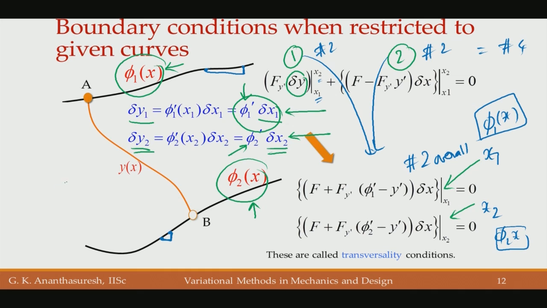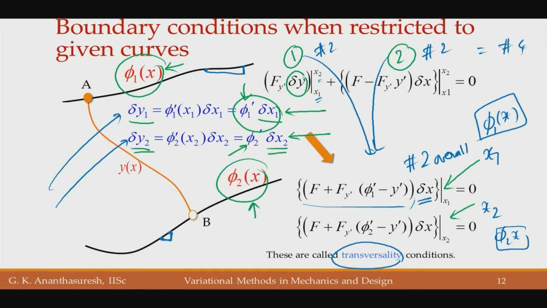Okay. That is what these relations are. Okay. And these are called transversality conditions, right. Why the name? We will examine, all right. So, but the conditions look like that. When the end is fixed, then delta x is 0, then this must be 0, this need not be 0.